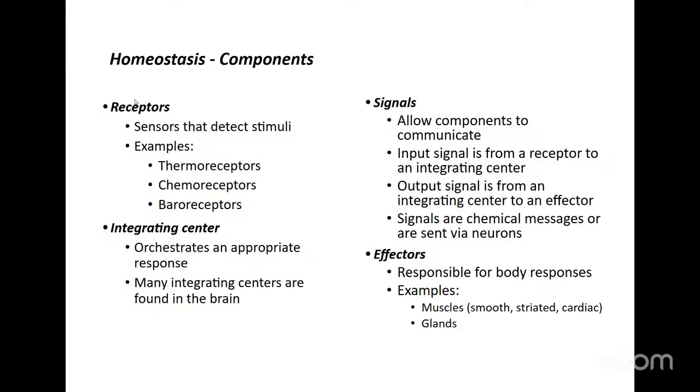So we've got a signal going from the receptor to the integrating center, like a nerve going from your blood pressure receptor to your brain. And then you've got an output signal coming out of your brain, going down to your heart, right? So we've got a signal traveling there as well. So usually this is going to happen through nerves or neurons. It could also happen through other chemical messengers going through the circulatory system sometimes.